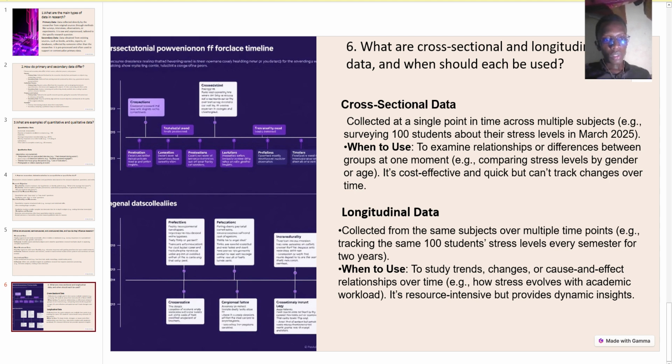It is used when you want to compare different groups at one moment, like comparing stress levels between males and females. This approach is quick, cheaper, and good for snapshot comparisons, but it is limited in that it does not show how things change over time.